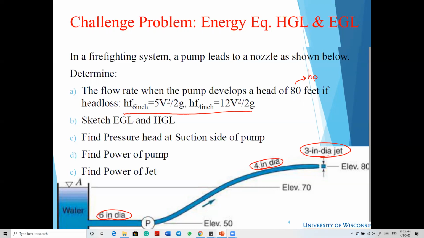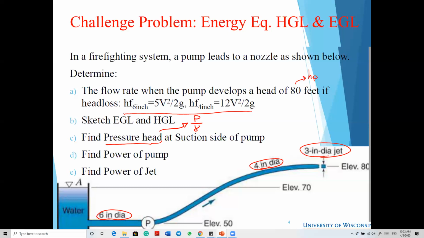All right, so what we need to find is a sketch of the energy grade line and hydraulic grade line. Find the pressure head at the suction side of the pump. All right, so find the suction head, pressure head at the suction side. What is the pressure head? Pressure head, you know, it's not P, it's P over gamma. So we want to know what the pressure head is.